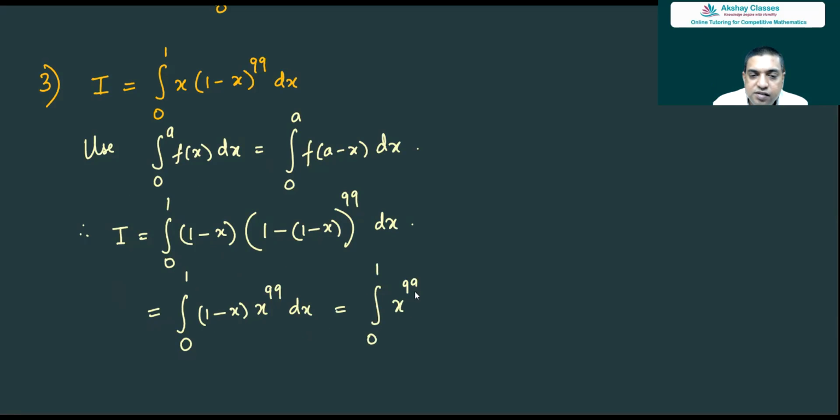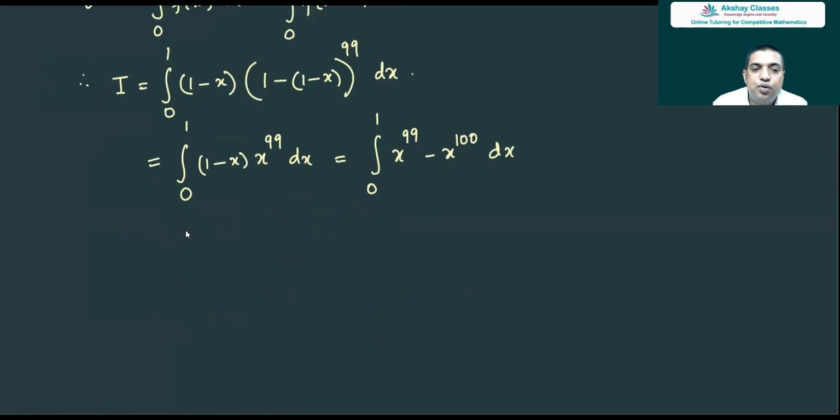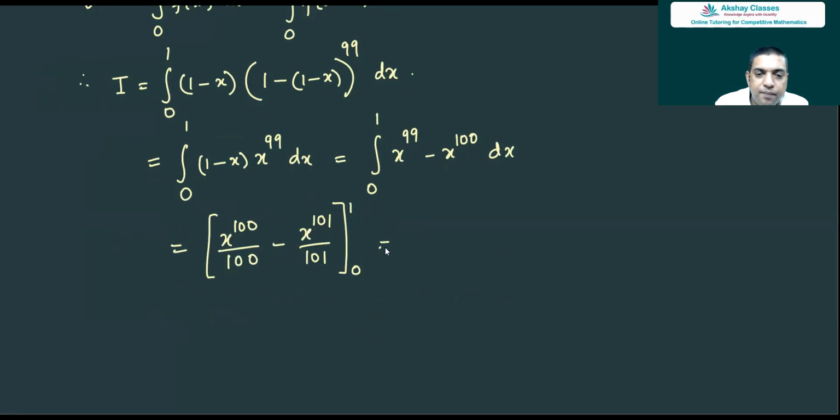x power 99 minus x power 100 dx. So the integral of x power n will be x power n plus 1 upon n plus 1. So x power 100 upon 100 minus x power 101 upon 101. Apply the limits 0 to 1.